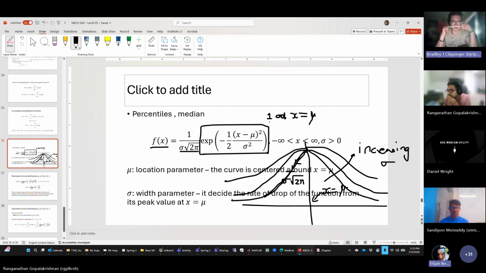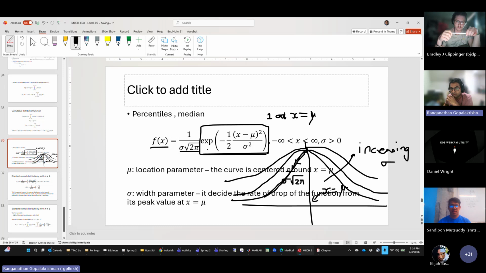So at the peak, it'll equal 1? Yeah. At x equals mu, this function takes a value 1, and this f of x takes the value 1 over sigma times square root of 2 pi, and that is the peak value. Anything else will be even smaller than that peak value.